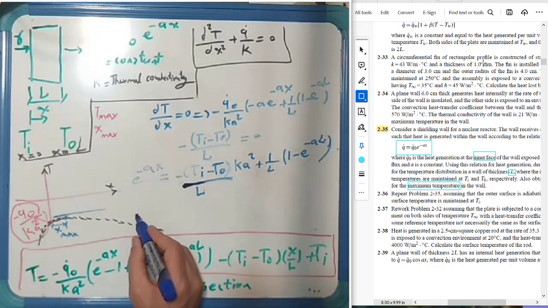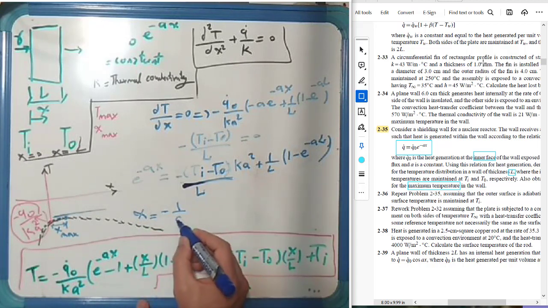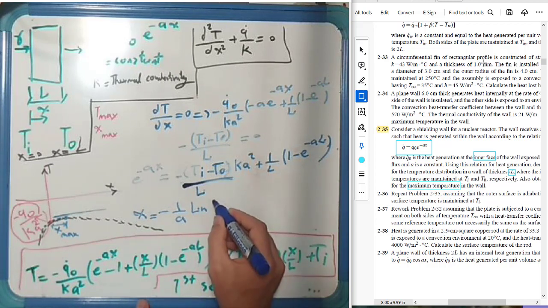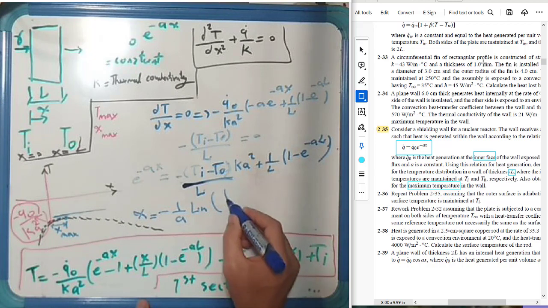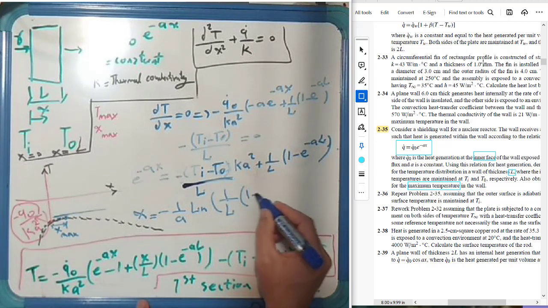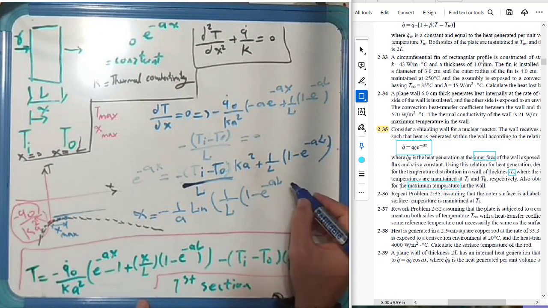If I want to find X, I have to put an ln here. Minus 1 over a, ln of 1 over L, 1 minus e to the minus aL.